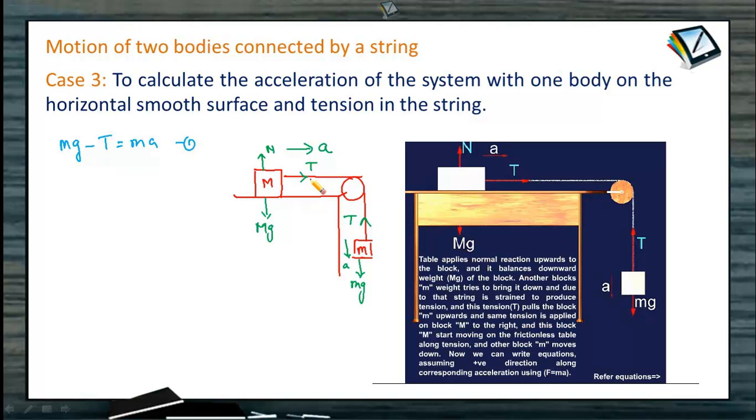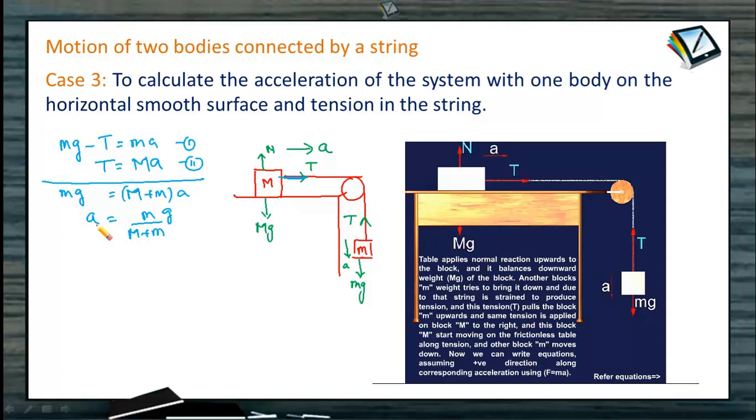Second equation: only one force is there along the horizontal direction, that is T. T is equal to capital M into a. This is equation 2. Solving, small mg is equal to (capital M plus small m) into a. So what is the acceleration? a is equal to mg divided by (capital M plus small m).